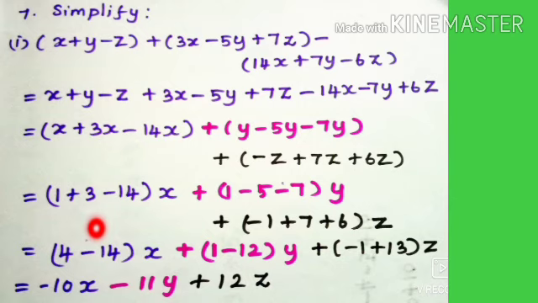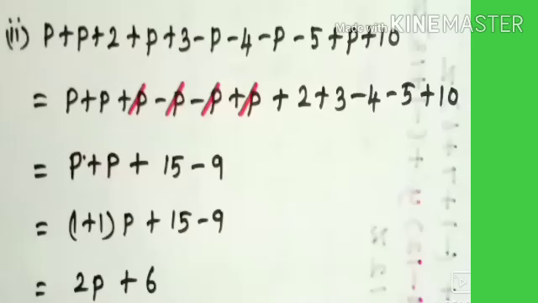The sign of the greater one is minus. So minus 10 is the value of 4 minus 14. So in the next term, 1 minus 12, the difference is 11. The sign of the greater one is minus. So minus 11 is the value of 1 minus 12. And here 13 minus 1 is 12z. So finally we simplified as minus 10x minus 11y plus 12z.